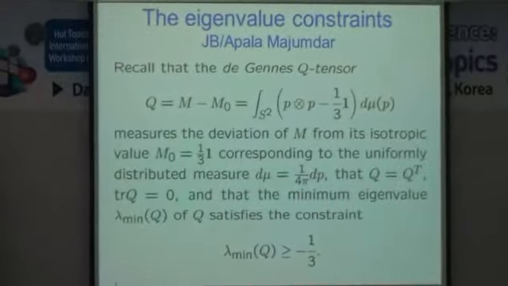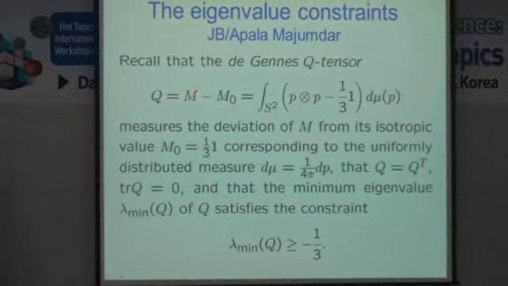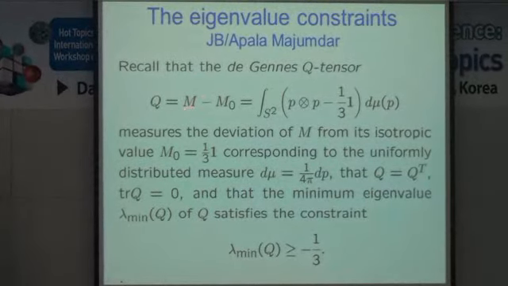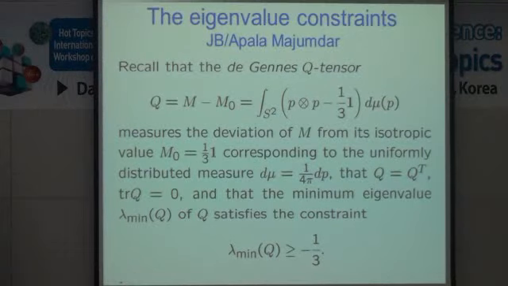We have this Q tensor, which is defined as a normalized second moment of the probability measure of the molecular orientations. It's the integral of p tensor p minus a third of the identity against the measure.